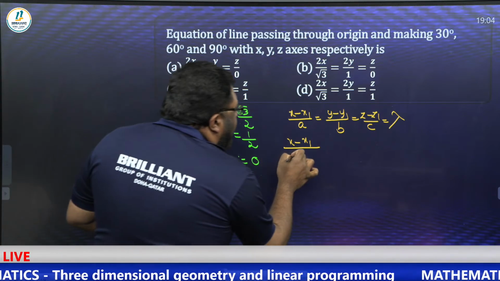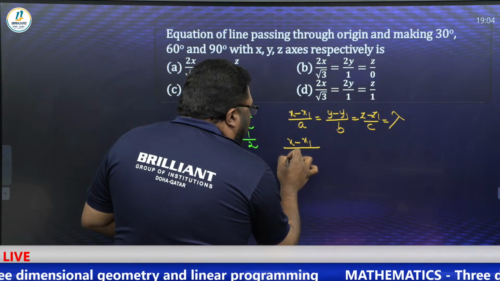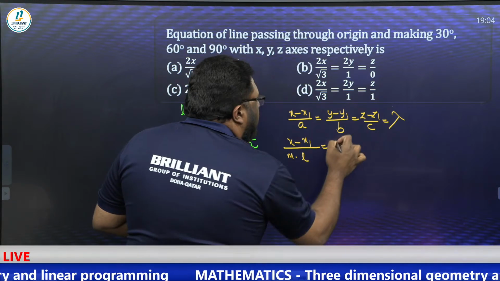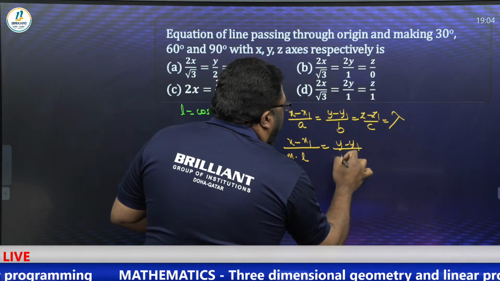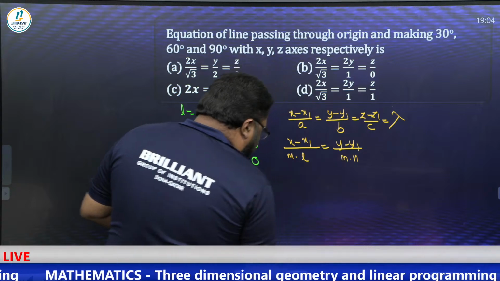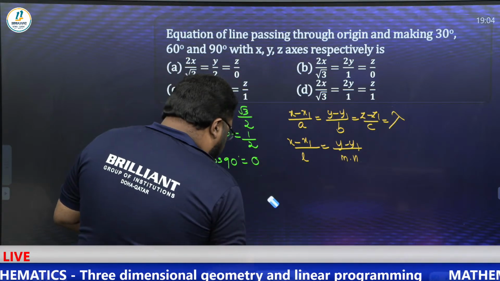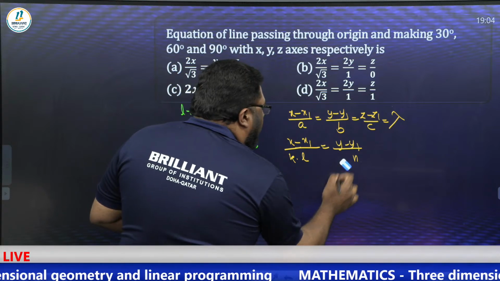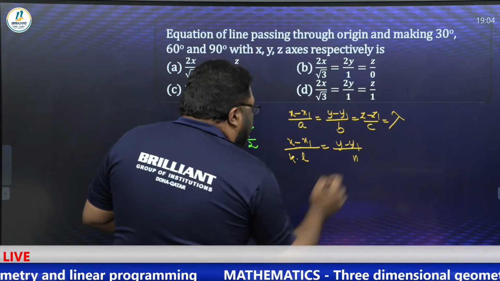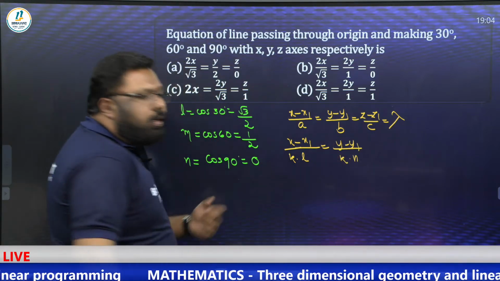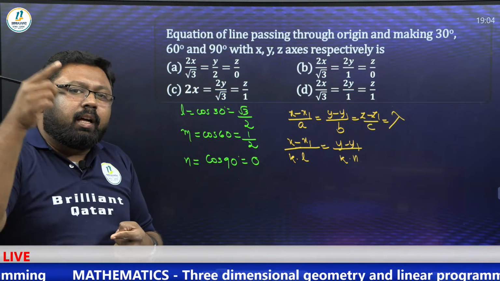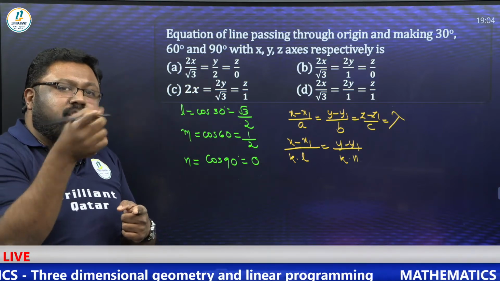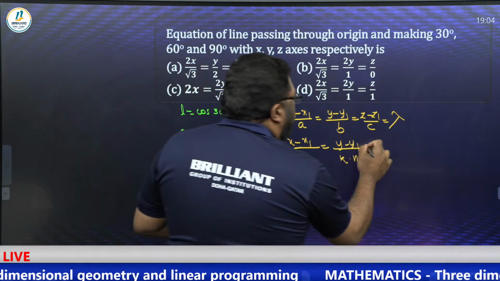So I can say the magnitude times l, y minus y1, and for the magnitude I use some other variable, say k. So how do you obtain the direction ratios? Direction cosine is ratio by magnitude. So direction ratio is direction cosine into magnitude.